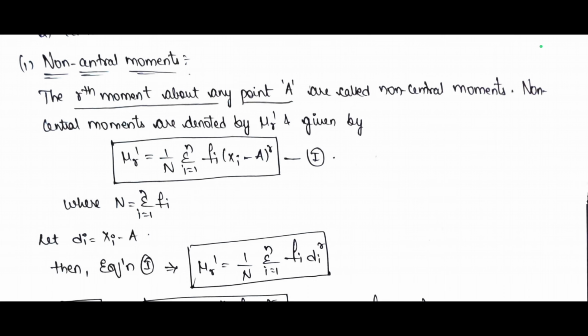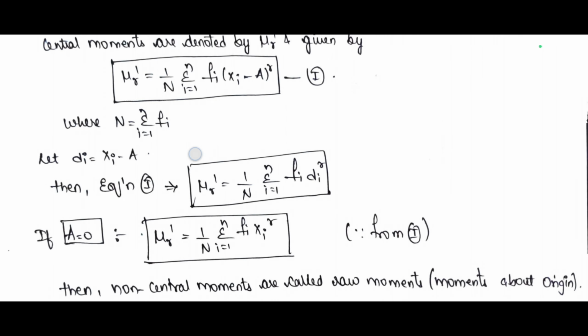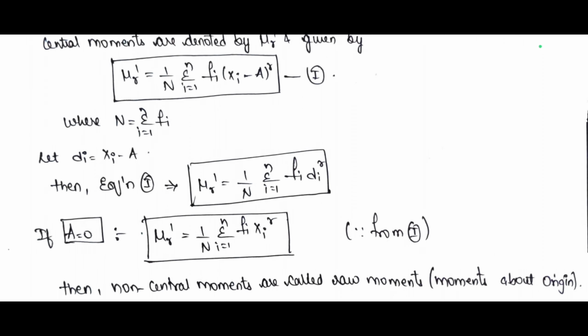Now capital N is equal to the sum of the frequencies, where capital N equals summation of fi, and here let di equal xi minus a. So the equation becomes mu r dash equals 1 divided by capital N summation fi into di to the power of r.